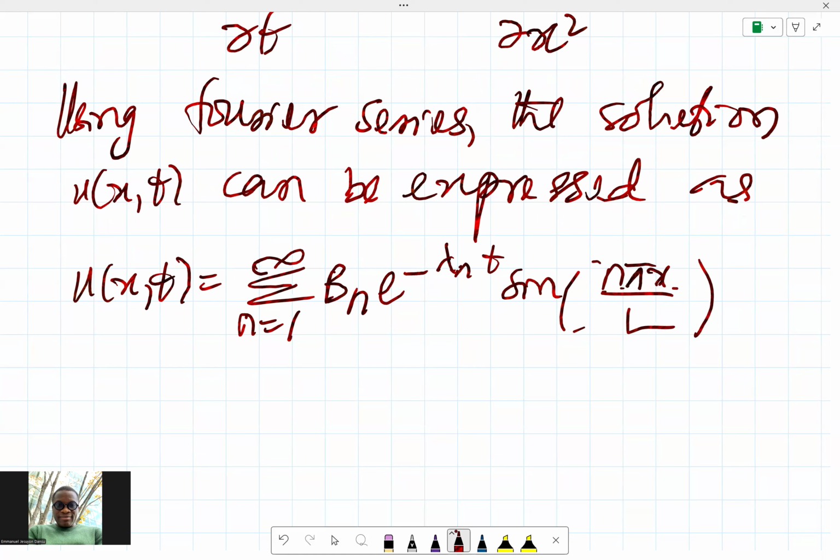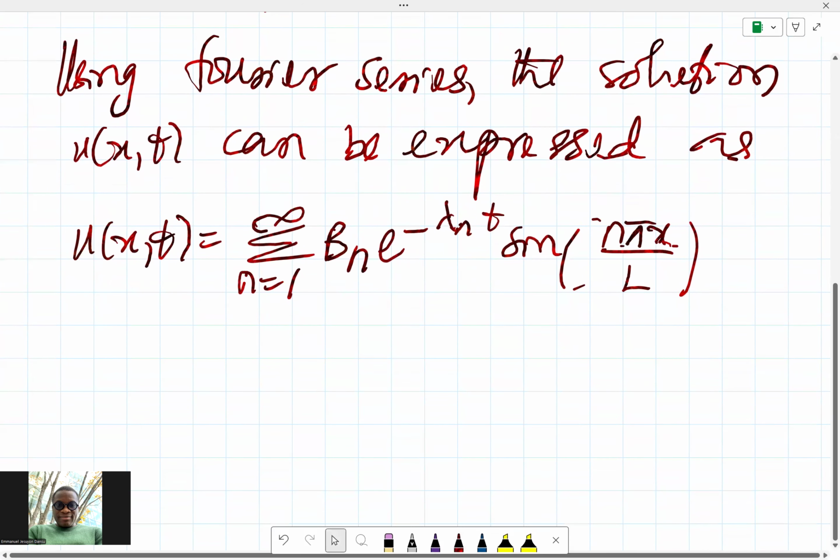We are talking about heat flow in a rod of length L. Maybe one of these days when I get to talk about solving partial differential equations, we can talk about this explicitly.